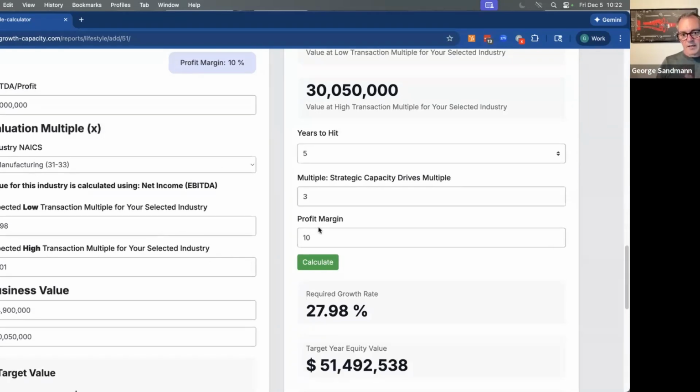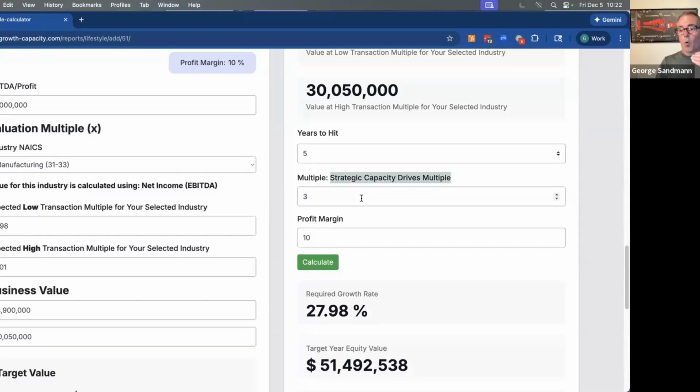So the first thing I like to do is this is our superpower, helping them increase strategic capacity. So the first place I like to go is to say, listen, what if we can increase your strategic capacity? You're a 41. What if we can increase it to a point where you can get a higher multiple?